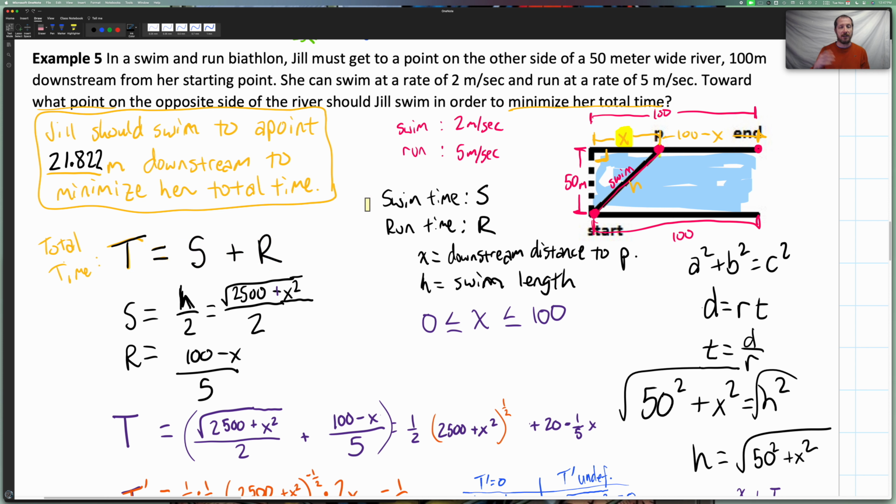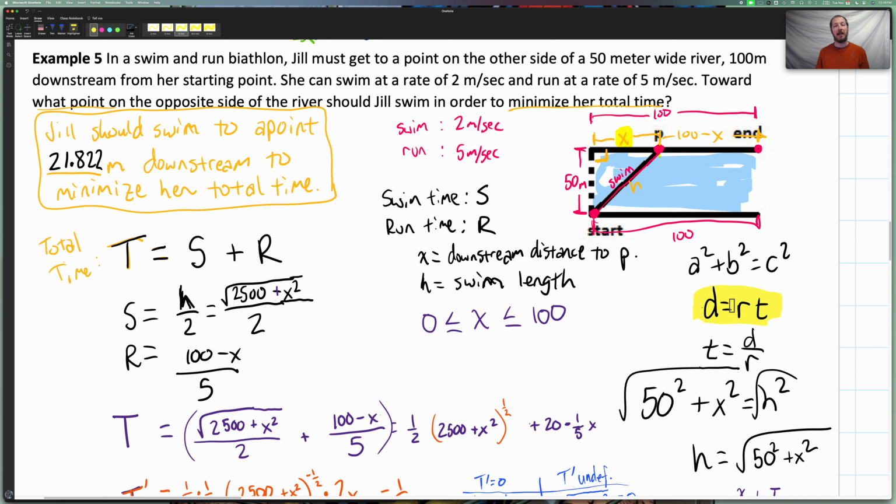So now we have to break that down and find a secondary equation for her swim time and for her run time. For her swim time, since we know the rate of her swimming, we don't know her distance, we want to find her time, then think about our distance formula. Distance equals rate times time.